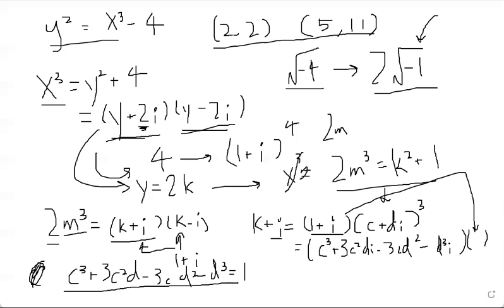So let's erase the board for now. Let's get the equation back on the board. c cubed, oh, and sorry, plus 3c squared d minus 3cd squared minus d cubed equals 1.